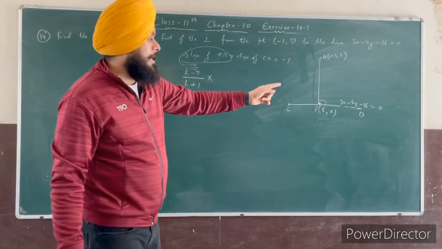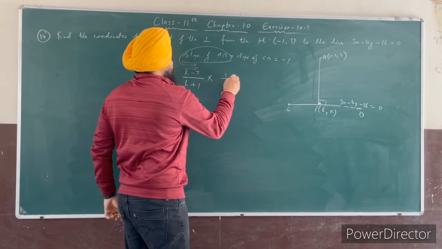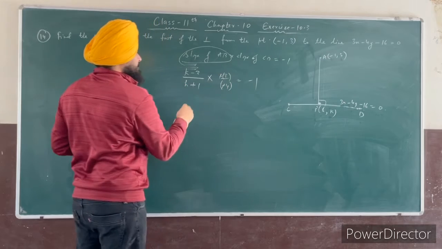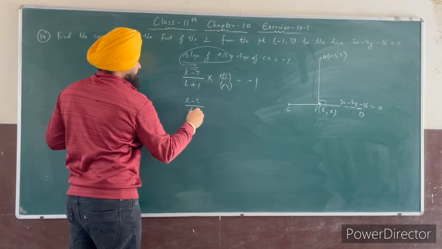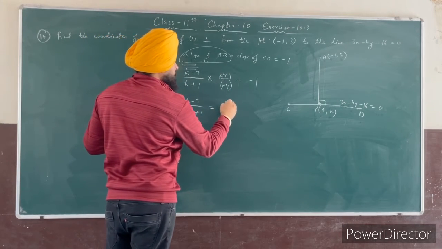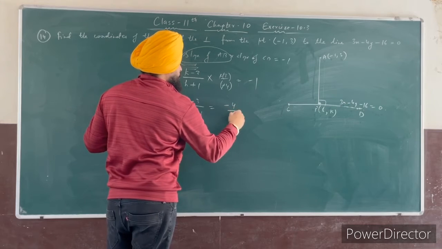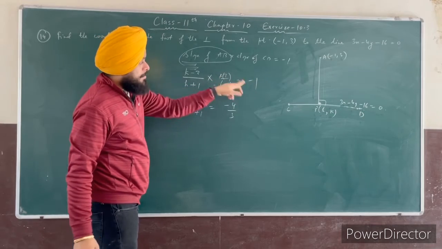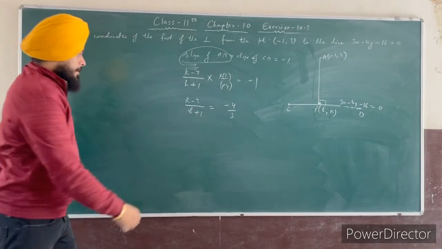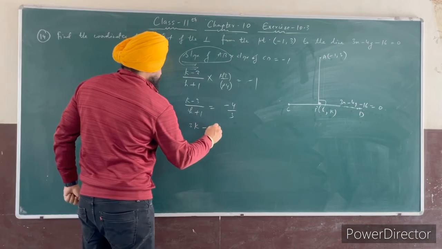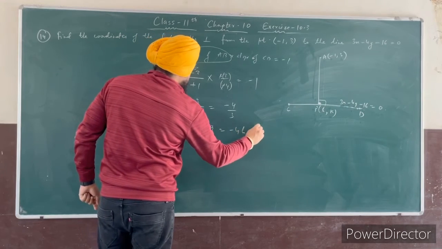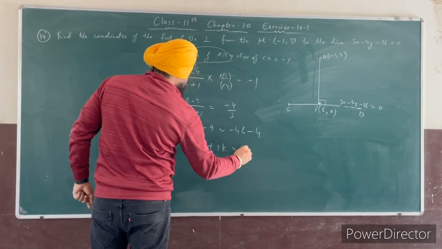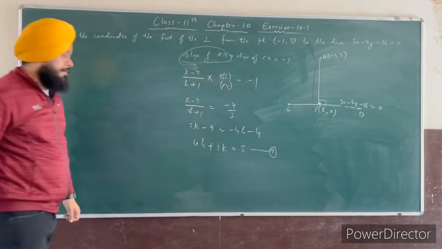A is 3 and b is -4, so the slope is 3/4. So (k minus 3) over (h plus 1) is equal to -4 over 3. Cross multiply: 3k minus 9 is equal to minus 4h minus 4. It is 4h plus 3k is equal to 5. Take this as equation number 1.